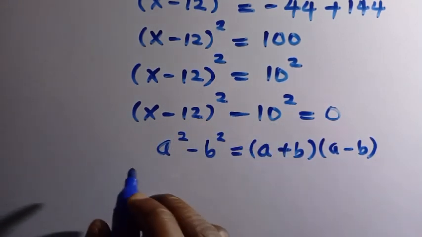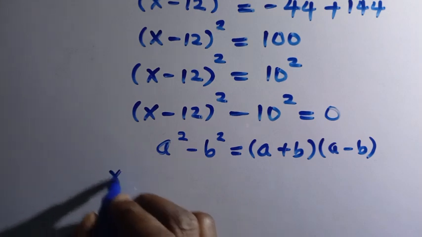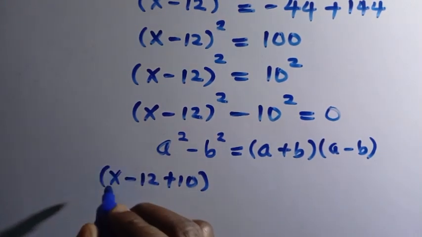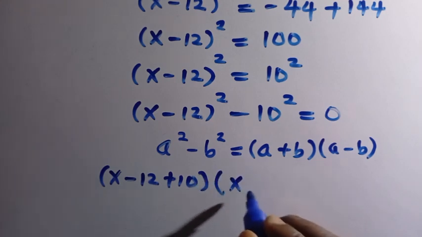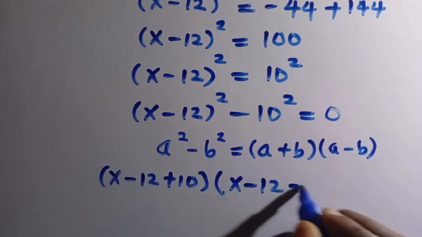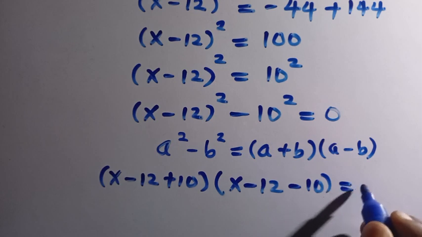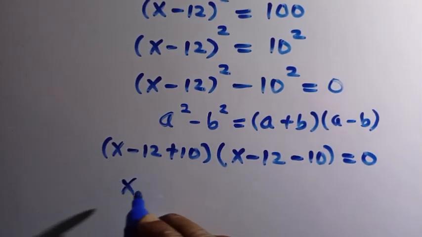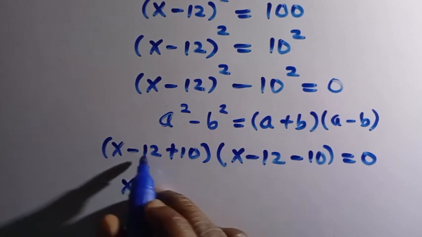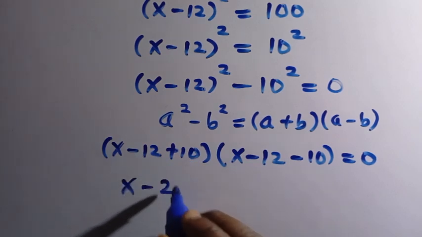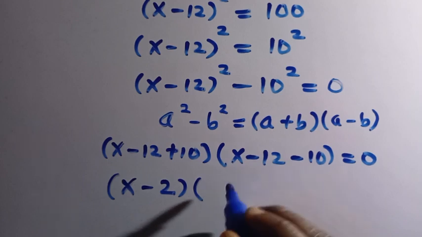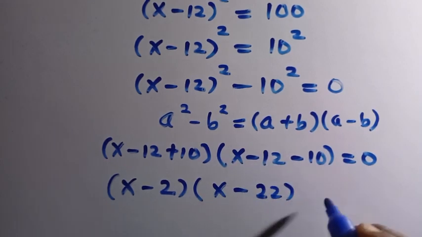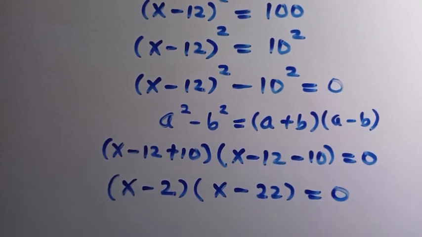So by replacing it, we have x minus 12 plus 10 multiplied by x minus 12 minus 10 equals 0. So then we have x minus 12 plus 10, that is x minus 2, then multiplied by x minus 12 minus 10, we have x minus 22 equals 0.